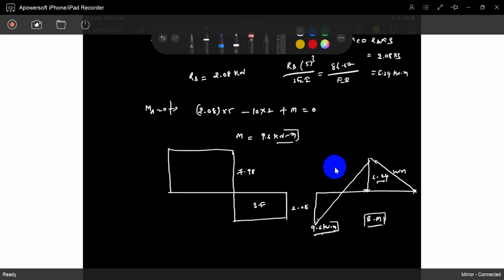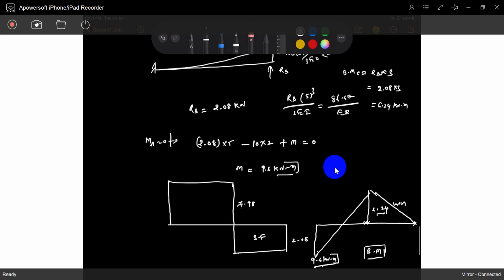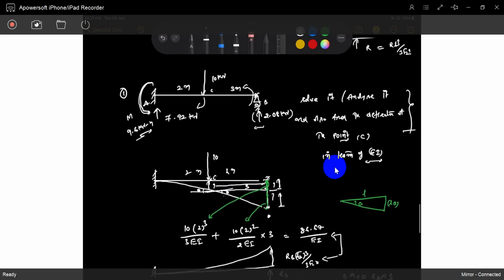And he also asks to find the deflection at point C. He just asked for the deflection at point C. So you can also draw a deflection diagram.